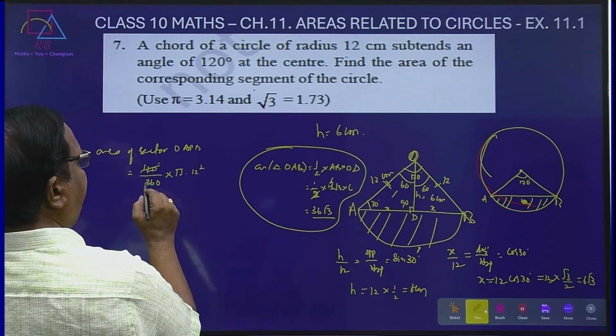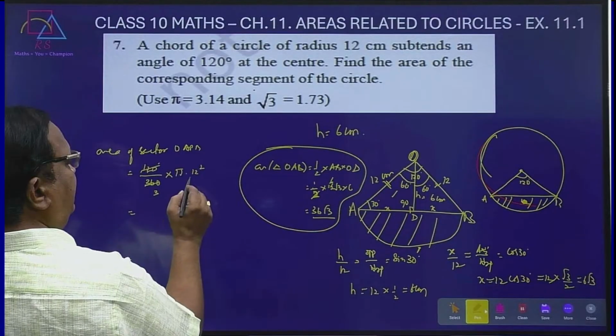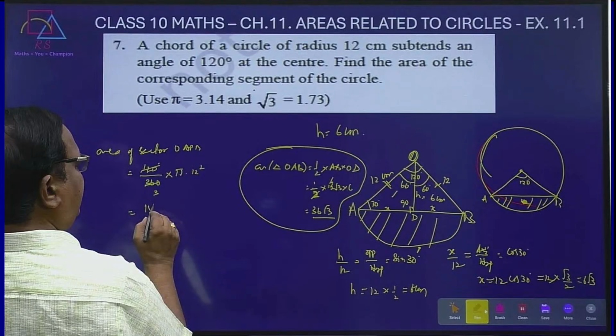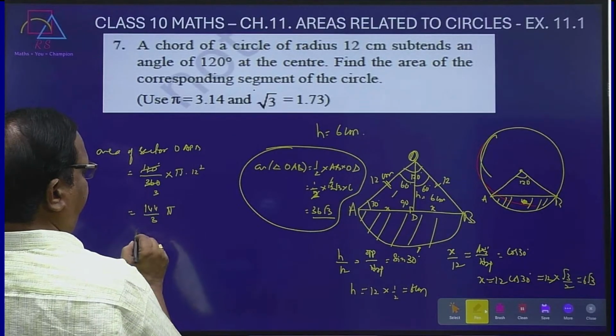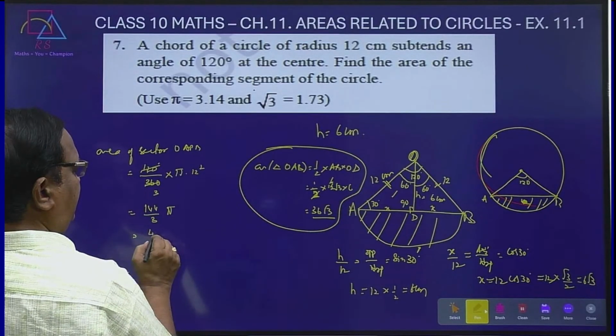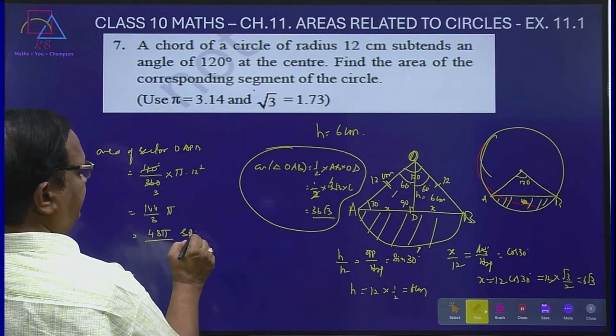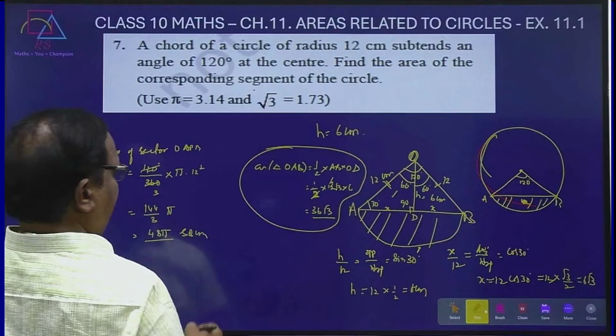So 12 square is 144 by 3 pi, which is 48 pi square centimeters.